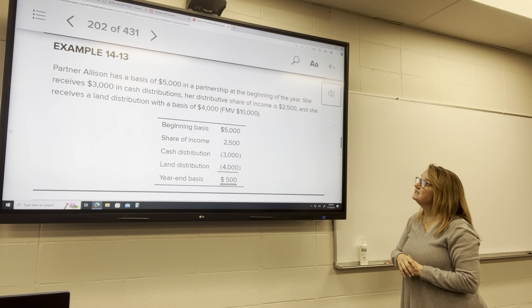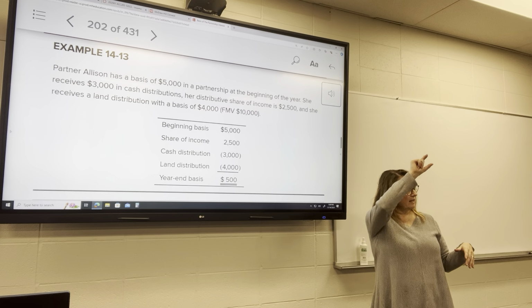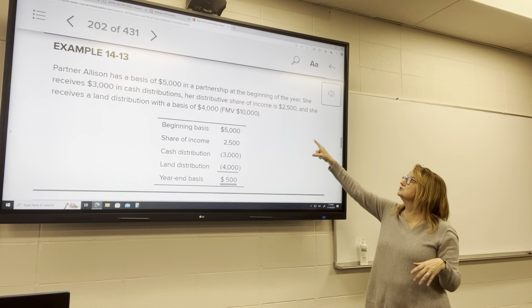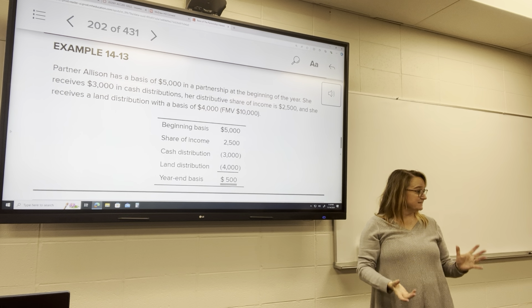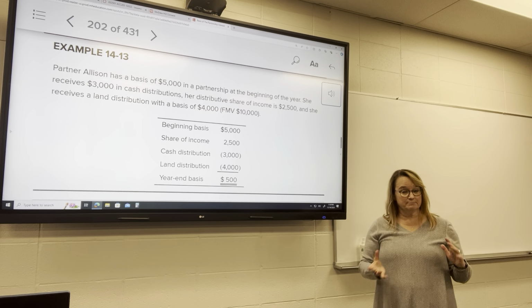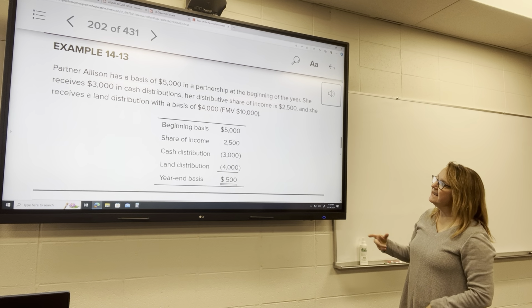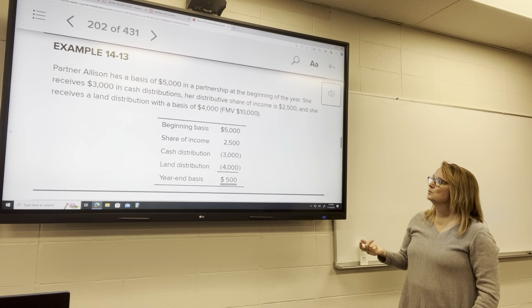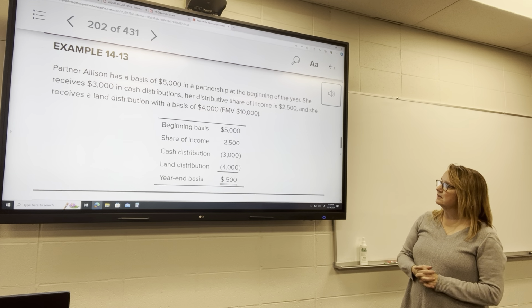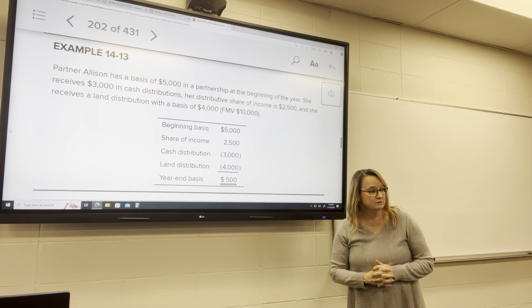Her share of income that's on her K1, that top line, that box 1, is $2,500. She's going to pay tax on that. That paying tax on it increases her basis. She receives a land distribution with a basis of $4,000. Fair market value of that land is $10,000.